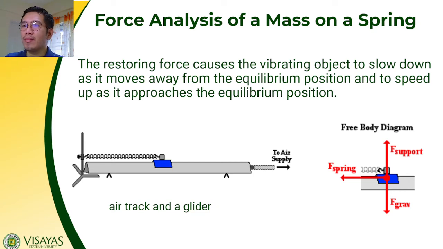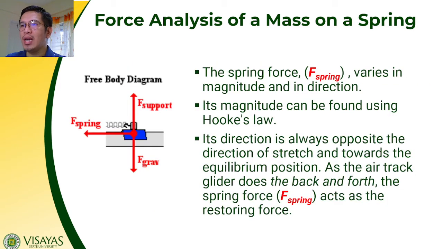The force of gravity is like the weight, that is the mass times g, or mass times acceleration due to gravity. We also have the F support, or the support force, which balances the force of gravity. It is supplied by the air from the air track, causing the glider to levitate above the track's surface.